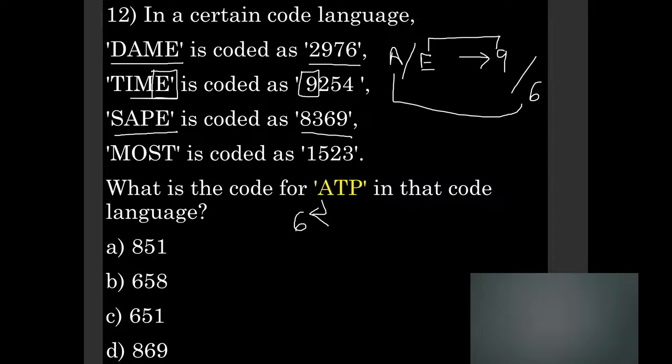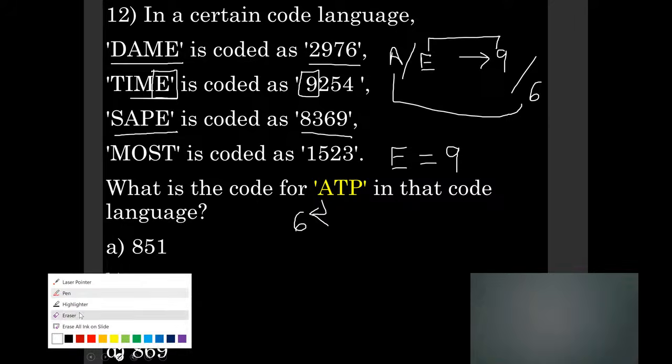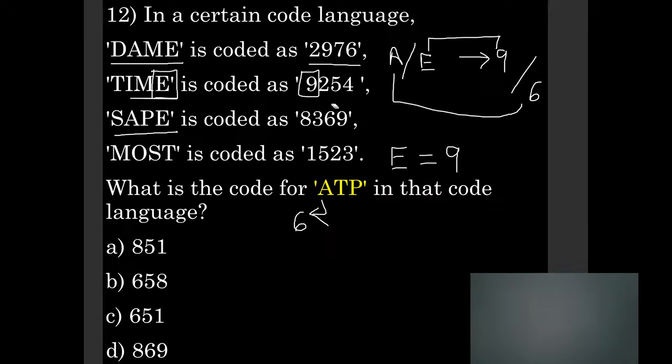Next, let us go for T value and also P value. Let us check where those are common. I'm just writing here E value is equal to 9 because it might be helpful further. Next, we are going for T value. We should follow the same process and check where it is common.